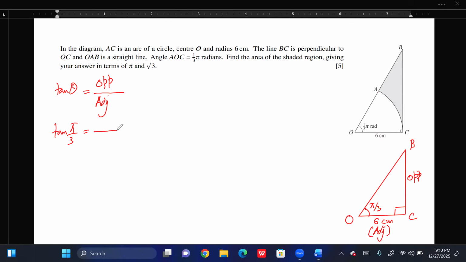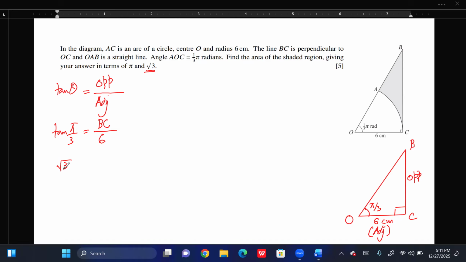The opposite, which is BC, is not given, and it is the height of the triangle as well. The base or the adjacent is 6 centimeters. Remember, your answer should be in root 3, meaning no decimals are acceptable. So tangent of pi over 3. Pi over 3 represents the 60-degree angle, and tangent 60 is always equal to square root 3.